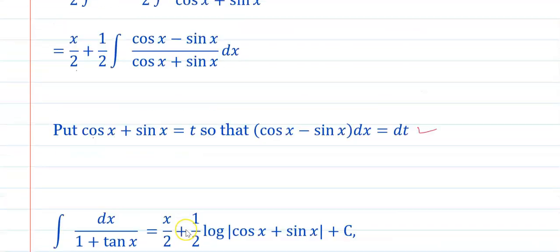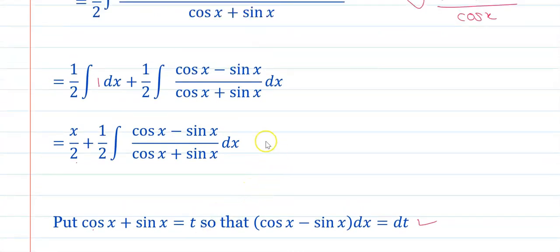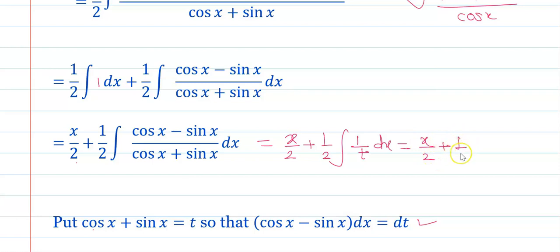And here that integral we change is like this: x upon 2 plus 1 upon 2 integral 1 upon t into dt. And hence x upon 2 plus 1 upon 2 log of mod of t plus c.